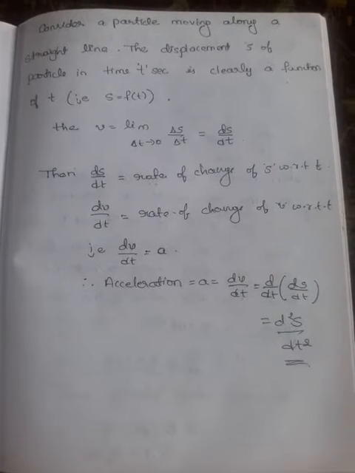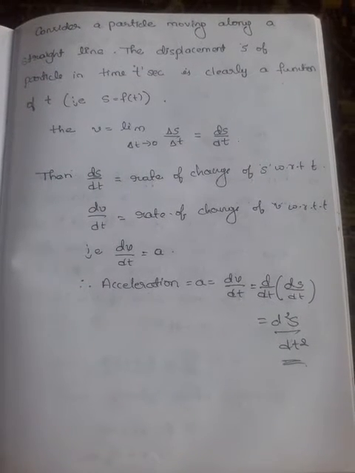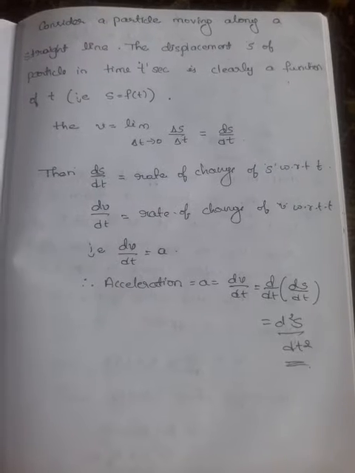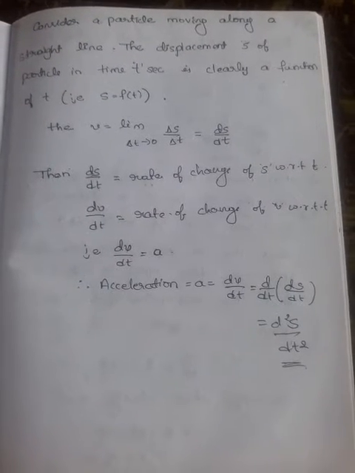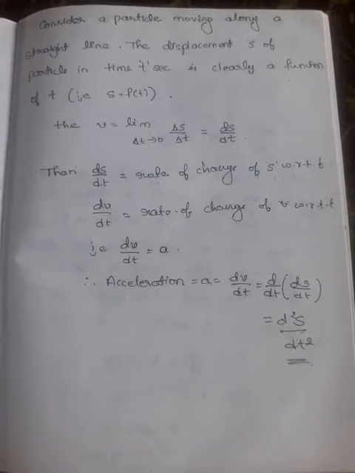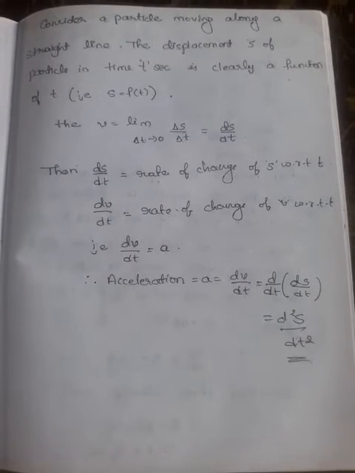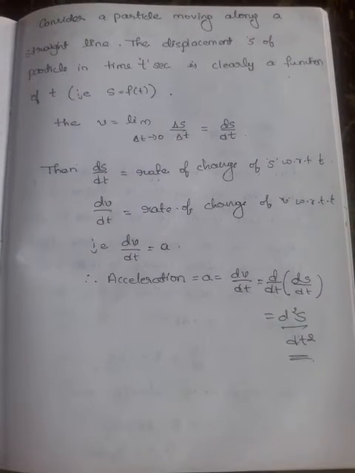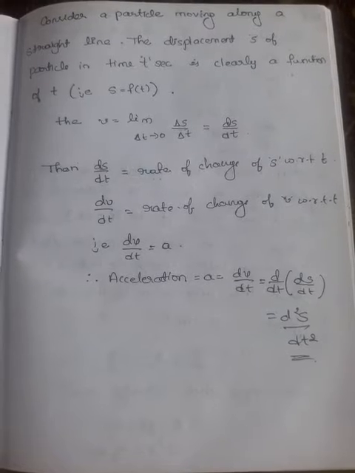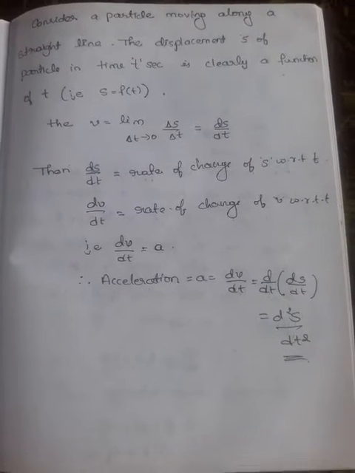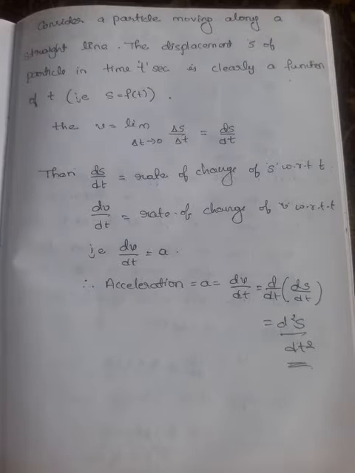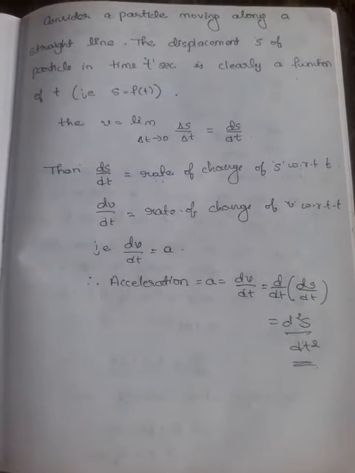Let delta s be the distance travelled in the interval of delta t time. Here delta represents a small change in the distance within a small interval of time delta t. Then delta s by delta t gives the average velocity of the particle in the time delta t, that is the small change in distance divided by the small change in time.